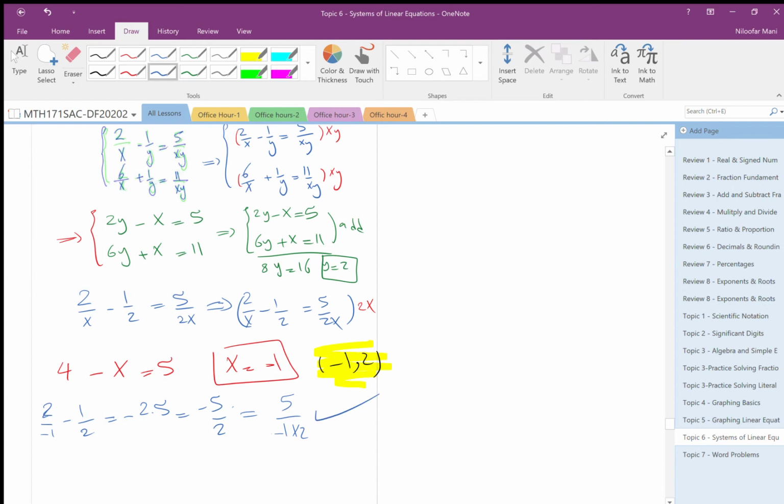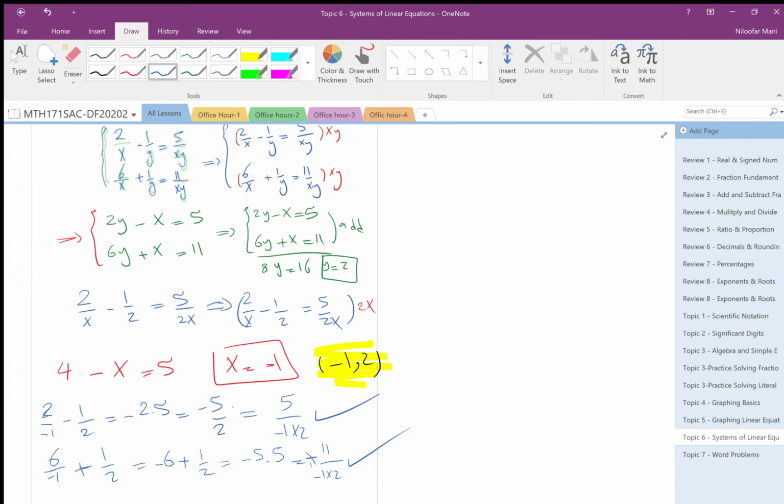For the other one, 6 over minus 1 plus 1 over 2 is minus 6 plus 1 over 2, which is minus 5.5. On the other side, 11 over minus 1 times 2 is 11 over minus 2, which is minus 5.5.